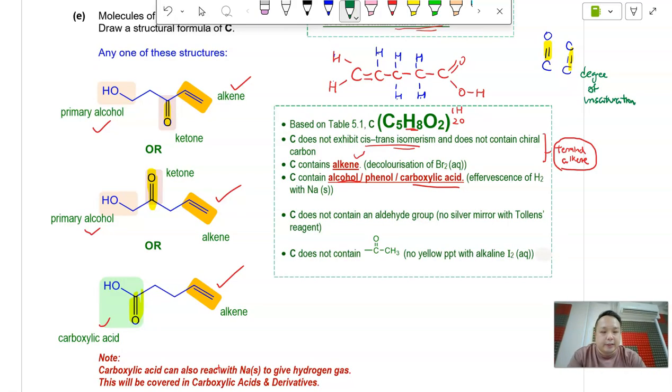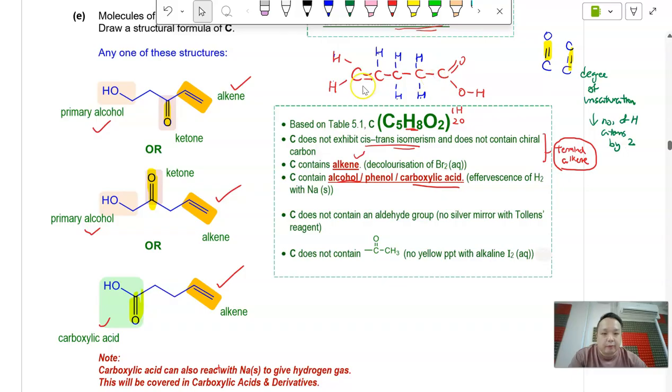This degree of unsaturation will decrease the number of H atoms by 2. So with an alkene, we have 2 fewer hydrogen atoms required for the entire molecule to be fully filled. Same thing for C double bond O.